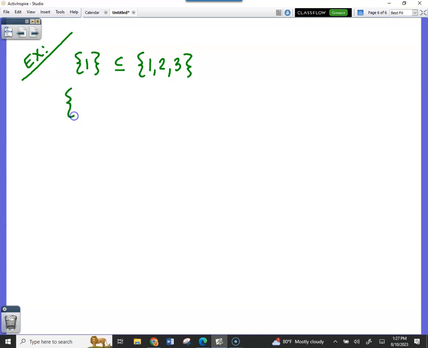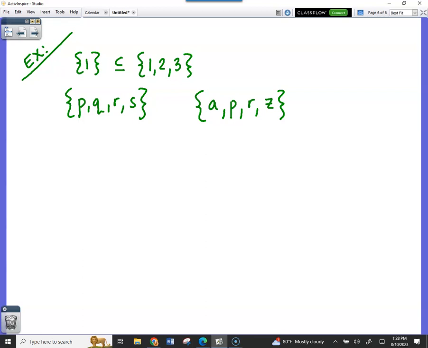Let's do letters now. We've got P, Q, R, S, and then I'm going to leave some space, and then we have A, P, R, Z. Is this set a subset of this one?